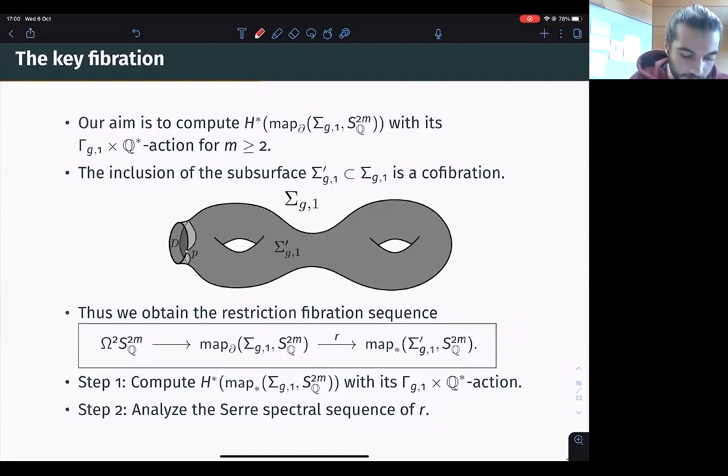The fibers are maps from this disk over here to S^2m rationalized, with fixed boundary behavior, and that's just Omega^2, the double loops of the rational sphere. So now we've got two steps. Step 1, compute the cohomology ring of the base with its gamma G1 action and its weights. And step 2, analyze the Serre spectral sequence of this fibration.